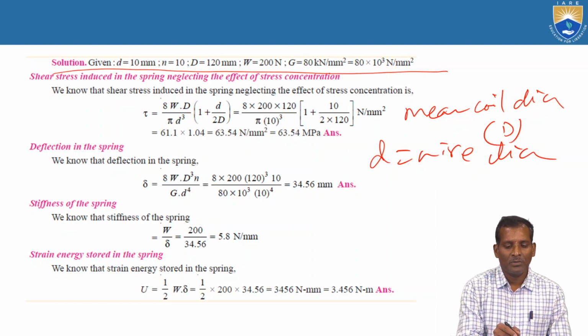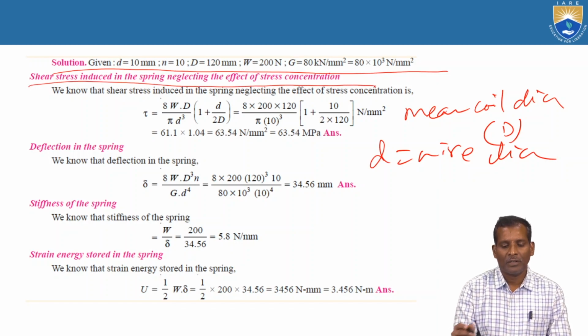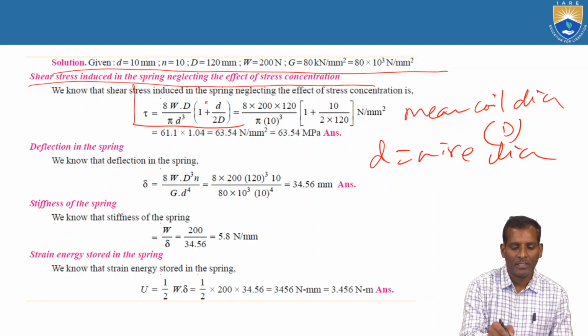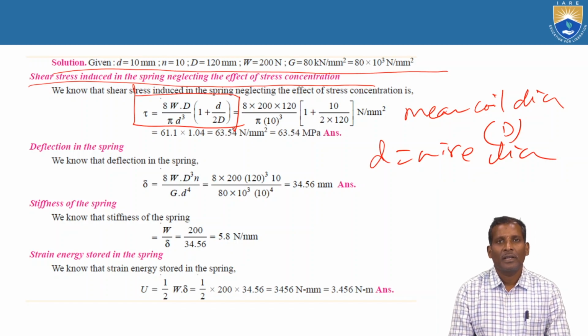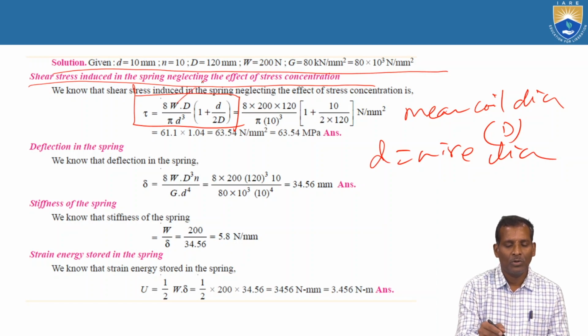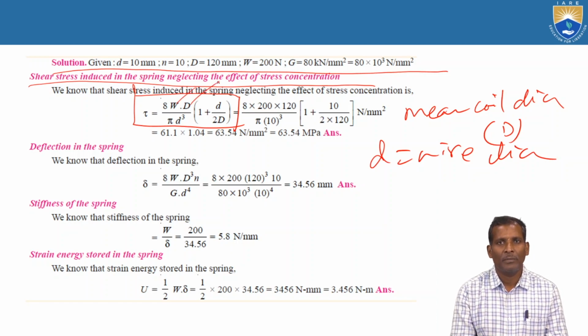So shear stress induced in the spring, neglecting the effect of stress concentration. What is the formula? Shear stress is equal to 8WD upon pi d cube multiplied with 1 plus small d by 2D. Here except shear stress we know load, mean coil diameter and wire diameter.